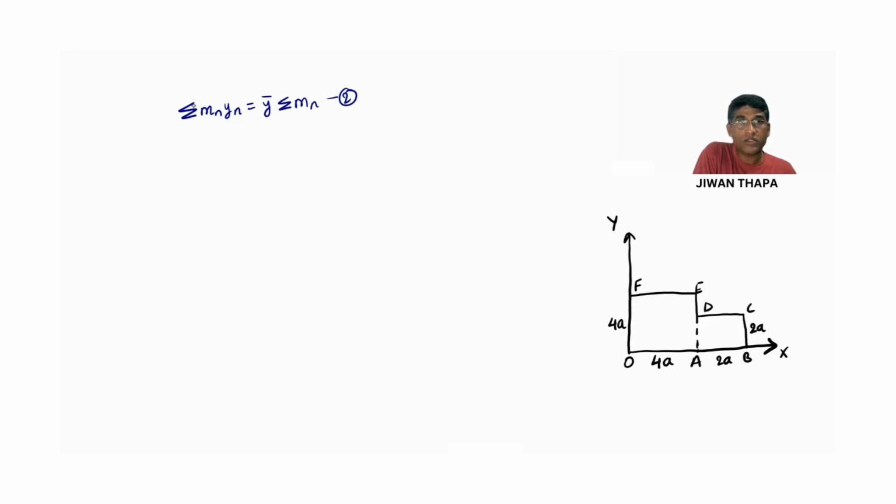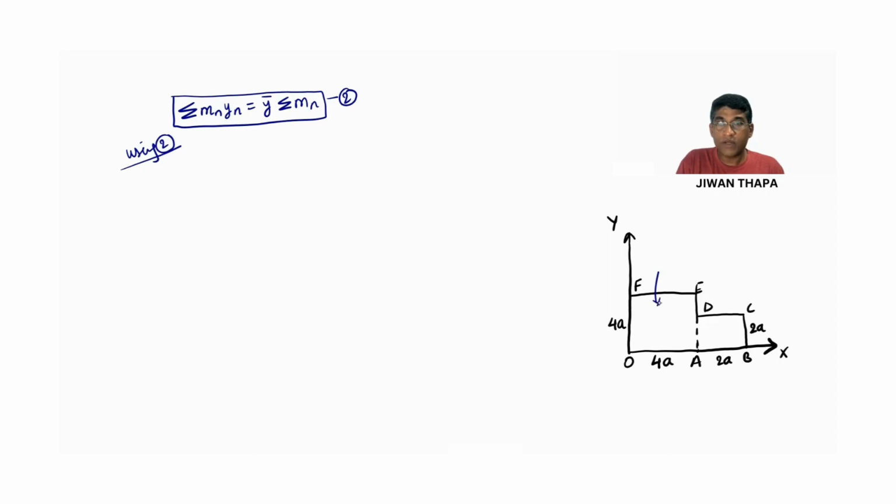Now we have calculated that the mass of this part of the lamina is m, and m equals 16a square rho, and the mass of this part of the lamina is m dash, and this is 4a square rho.